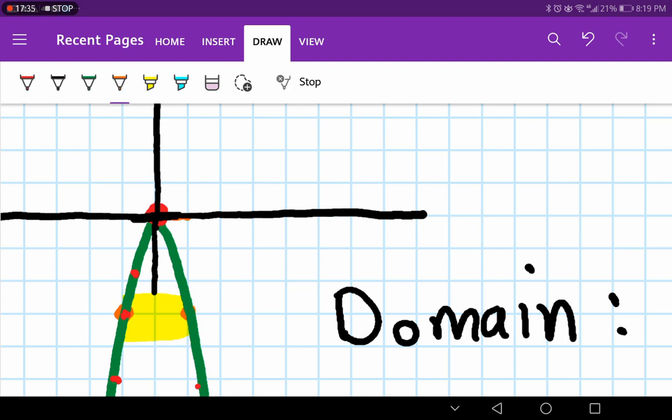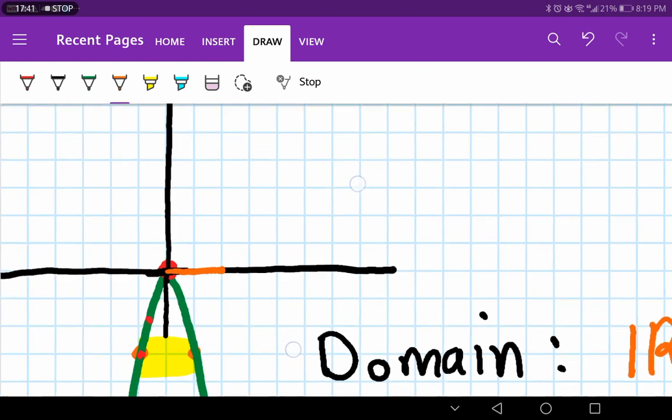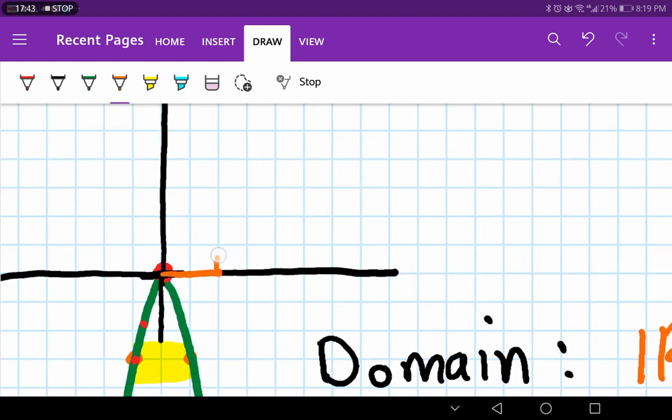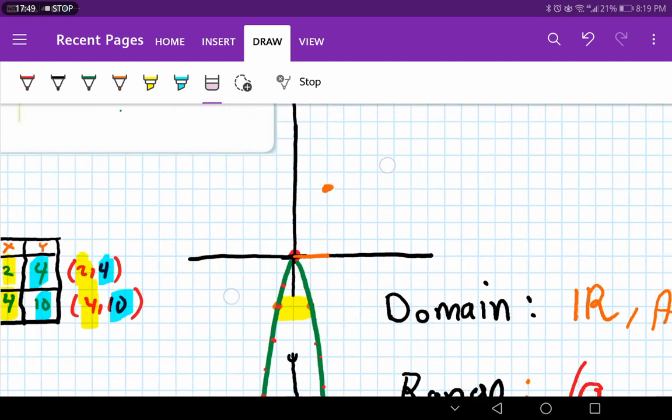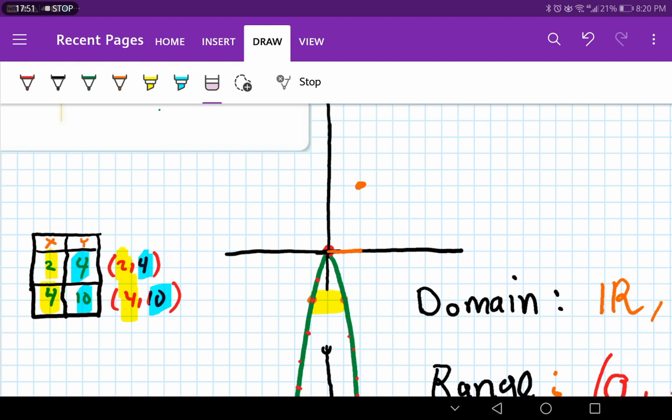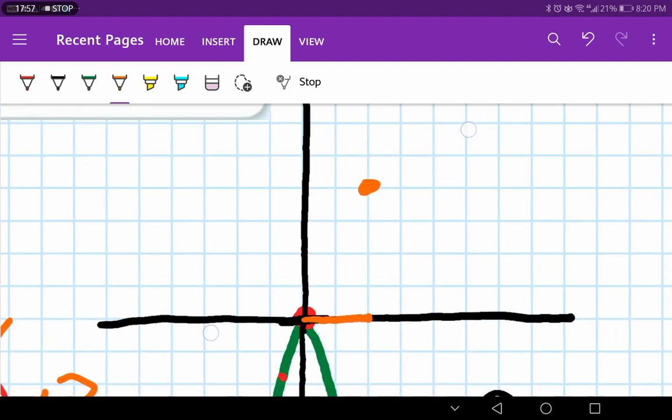2 to the right and 4 up. 1, 2, 3, 4 here. So I'm done with 2 and 4. But before you move on, go and reflect 2 and 4. How do I reflect it?